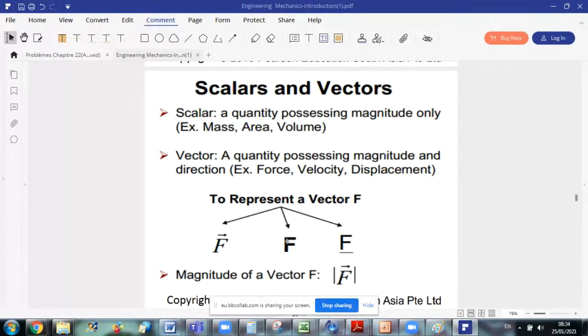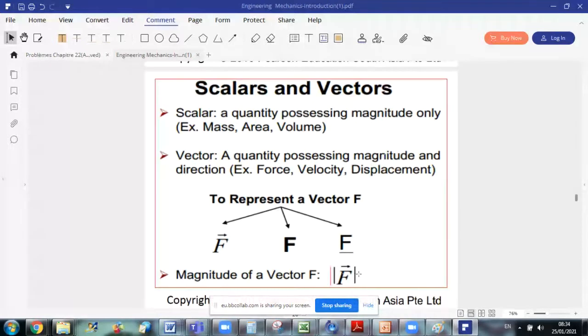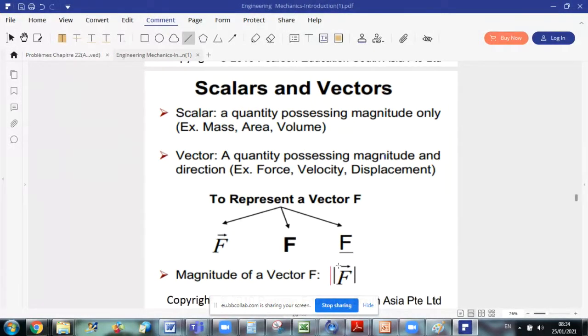If you see any of these three notations, all represent a vector. Now, the magnitude of a vector we can represent like this. Sometimes you can see this, which is also for the magnitude. And sometimes for magnitude, we just put F equals.